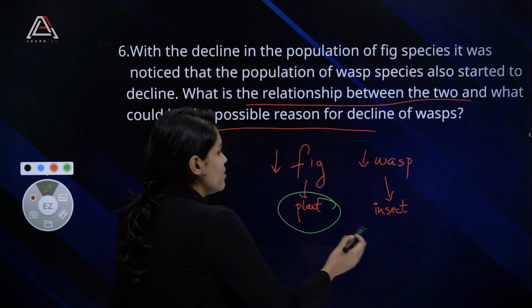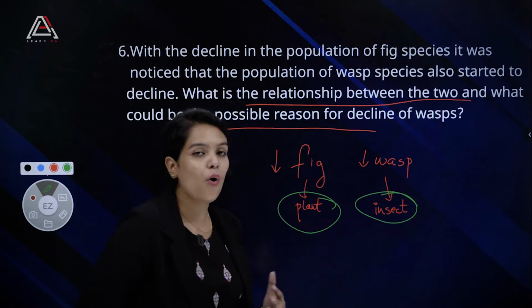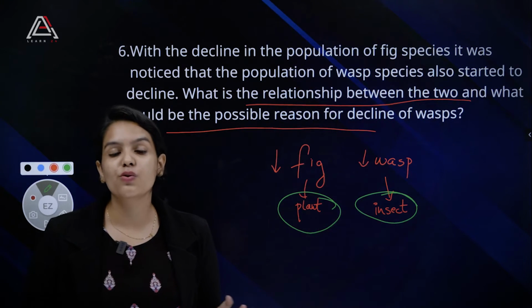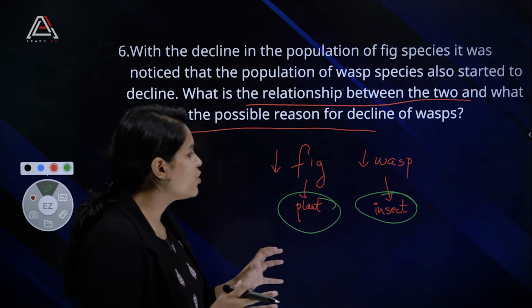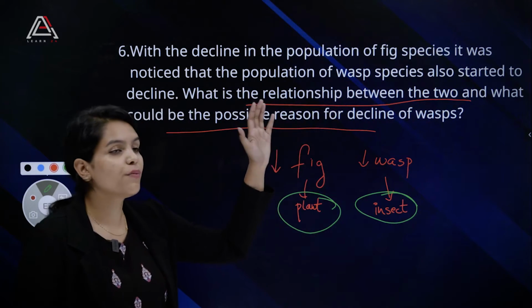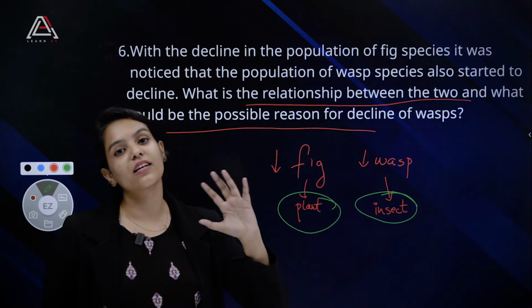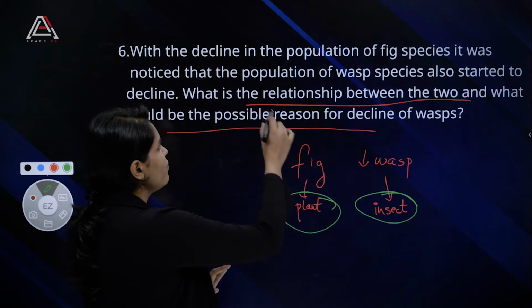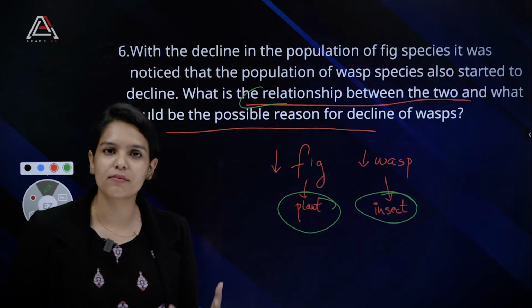So fig here is the plant and wasp here is a pollinator. So what is this relationship called? Mutualism. So mention that mutualism is the relationship, and it is the relationship of plant and pollinator. Fine. So the first part of the answer is that itself.